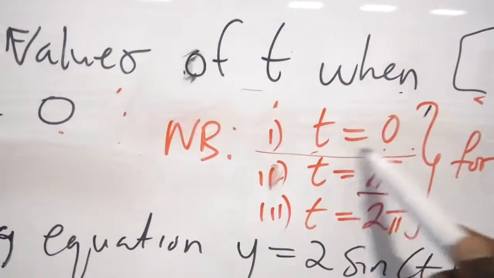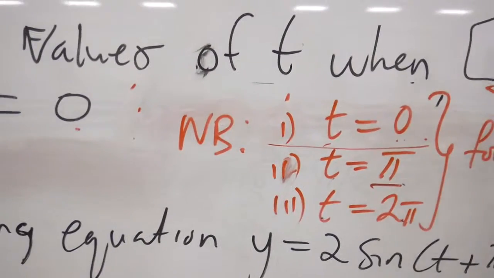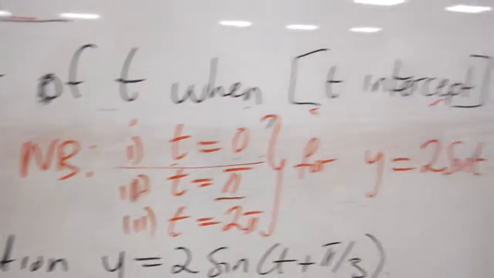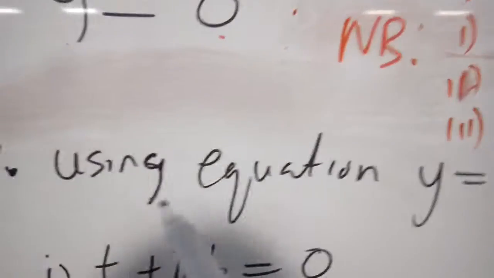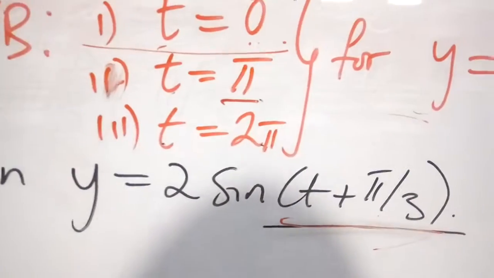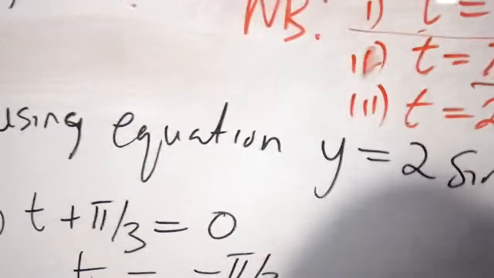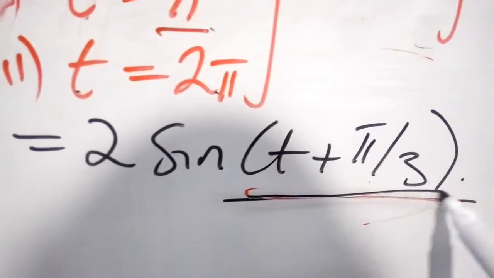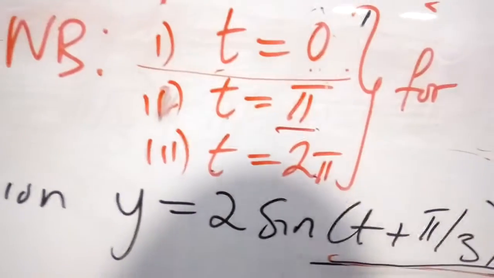So these three: t equals 0, t equals pi, and t equals 2 pi for this particular wave. Now, in order to draw this one, we use this equation y equals 2 sine t plus pi over 3. But to get the t-intercepts, you only take this and equate it to these 3 points.